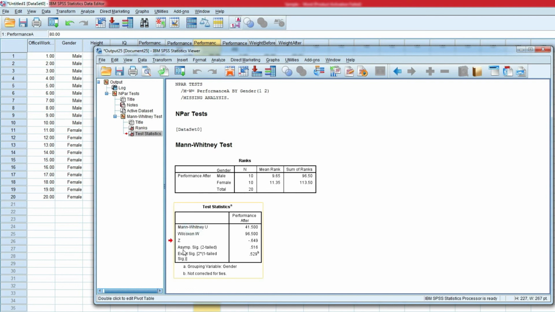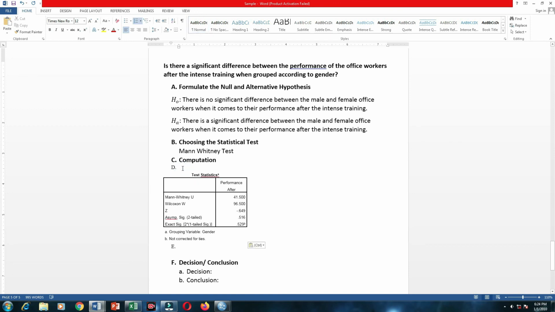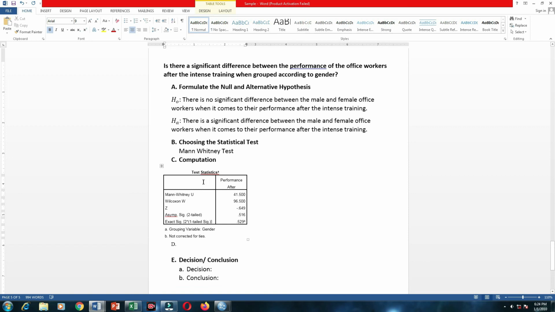Okay, so we have the significance of 0.516, which is higher than the critical value of 0.05. So we copy this, then we paste it in our data for the computation. The test statistics, we have 0.516 here.